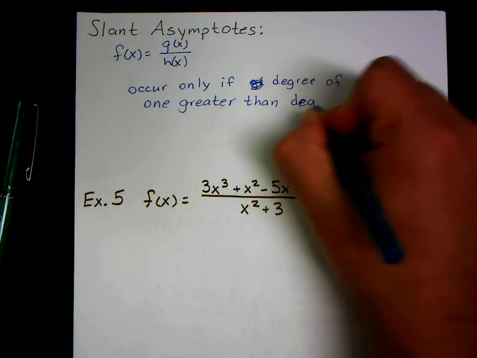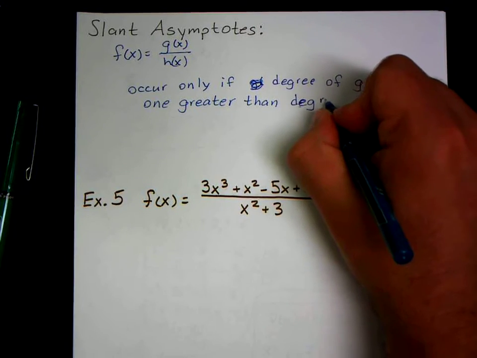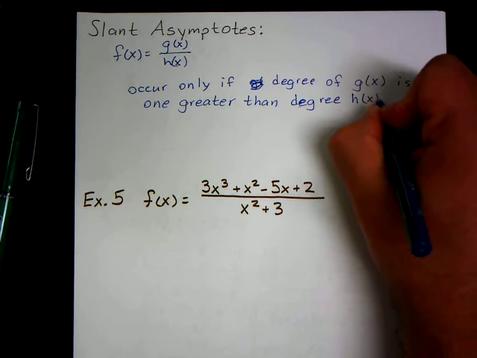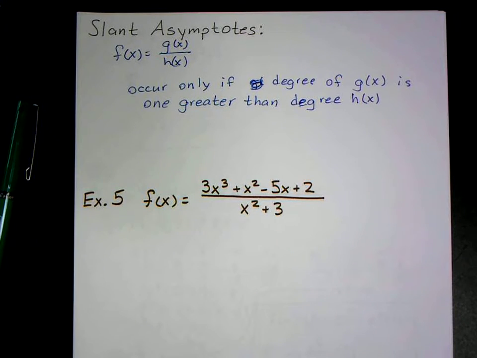They only happen if the degree of g of x is 1 greater than the degree of h of x. Now, first of all, if you look at example 5, that means that there's no horizontal asymptote.